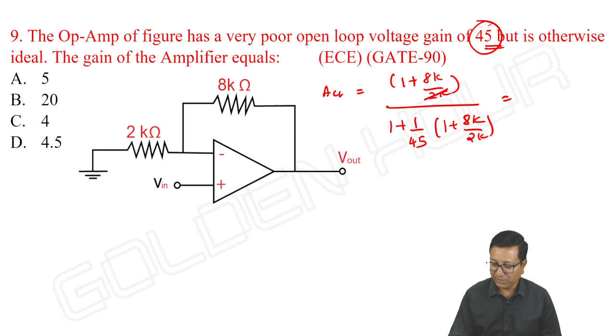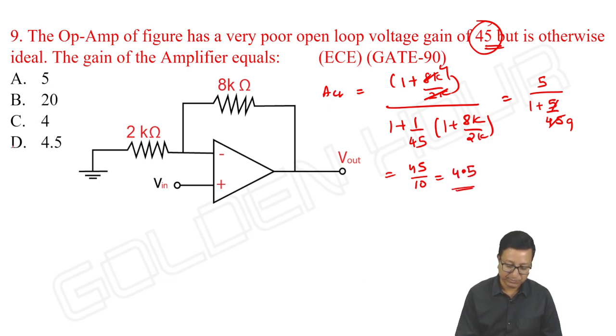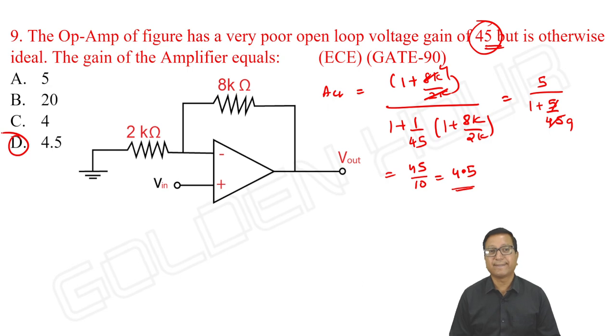How much do you get? It is 5 by 1 plus 5 by 45, that is 5 ones, 5 nines. It is equal to 45 by 10, or 4.5. Option D is correct.